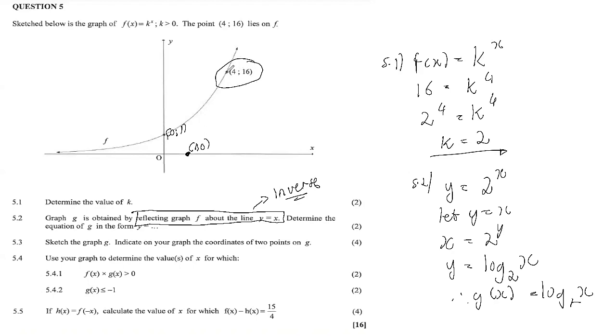So basically it's just taking your x coordinate and making it your y coordinate, and your y coordinate and making it the x coordinate. So that point there will be somewhere here, and then there will be (16; 4).